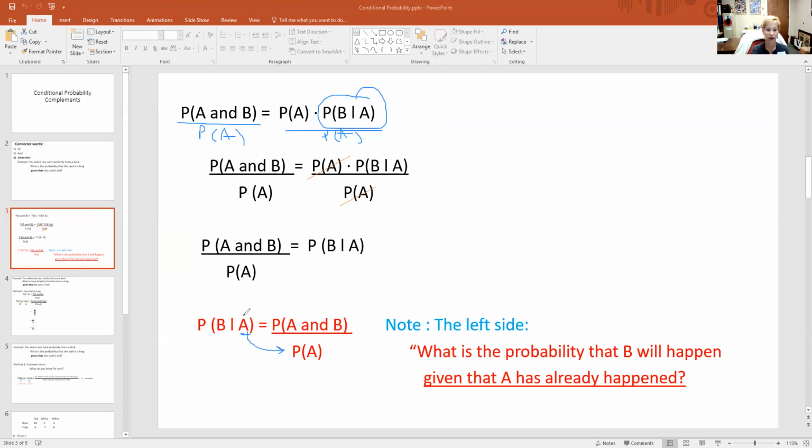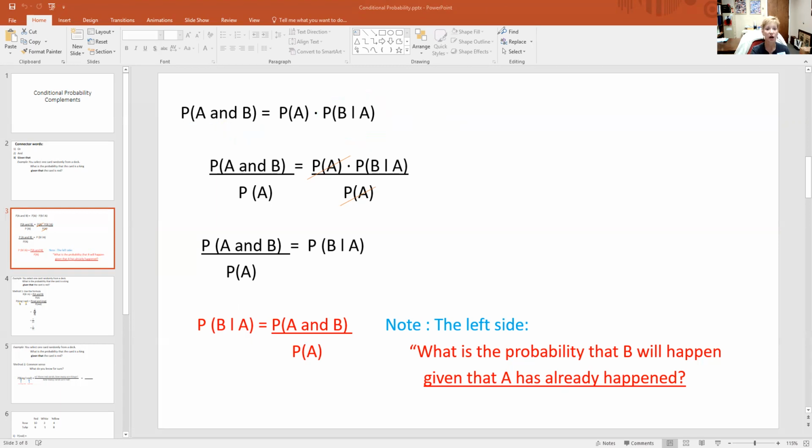That's why it's A there and not B. It's what you have been guaranteed has happened. And so the left side is really saying, what's the probability that B will happen given that A has already happened. So you're guaranteed.